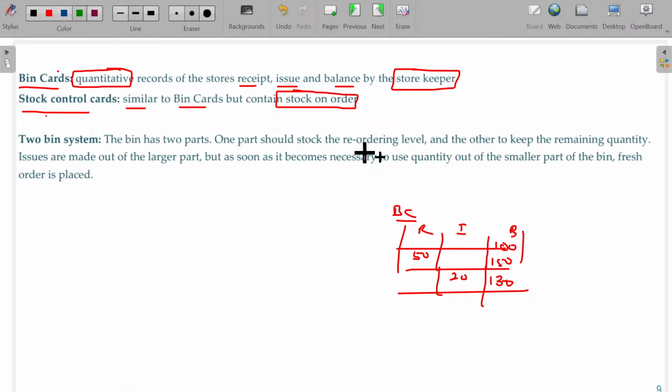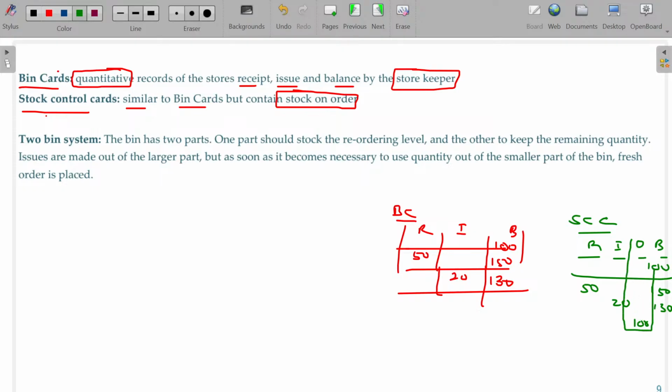But in case of stores control card, receipts, issues, order placed awaiting receipt. Initially there is a 100 units balance, another 50 receipts, then 150, another 20 issued, so 130. In the meantime, 100 units ordered fresh, supposed to be received. This additional column will be there for stores control cards. Clear?